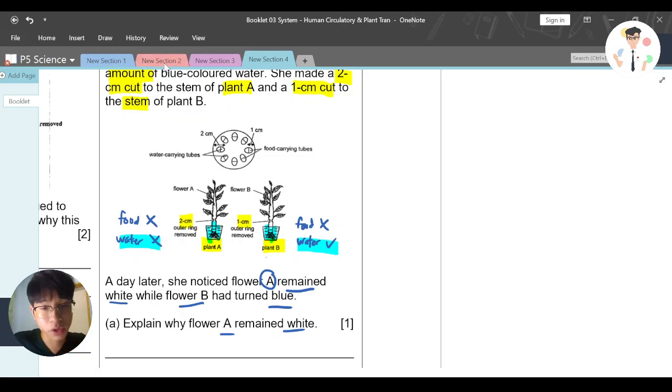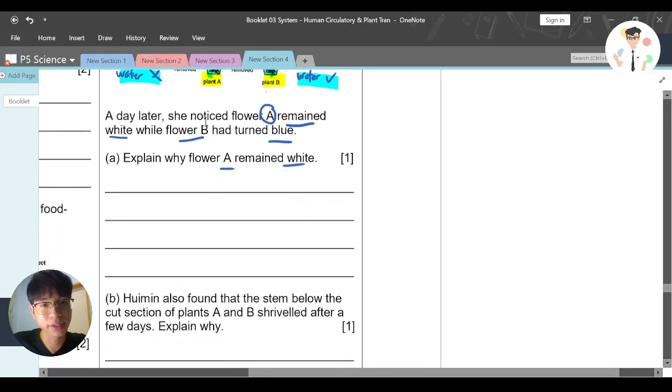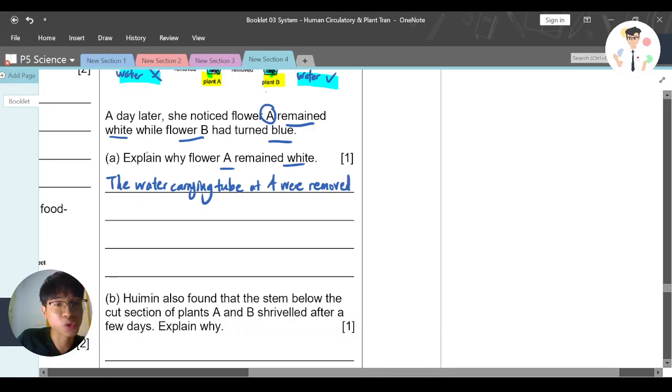So you can explain saying that the water carrying tube at A will be removed. Again, they use the word explain, so you must explain, okay?